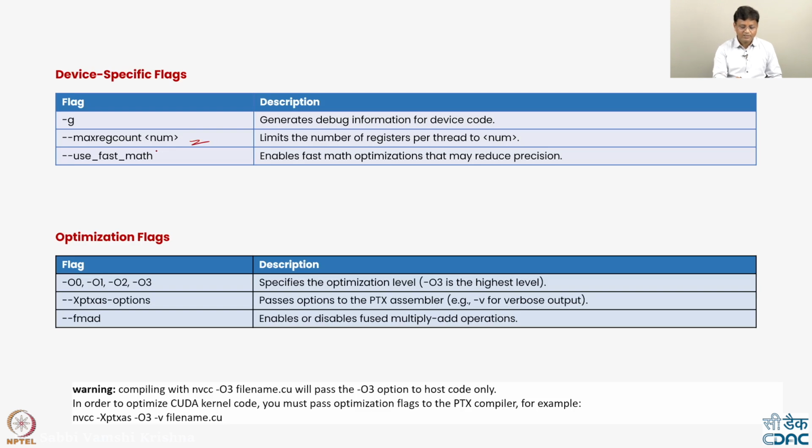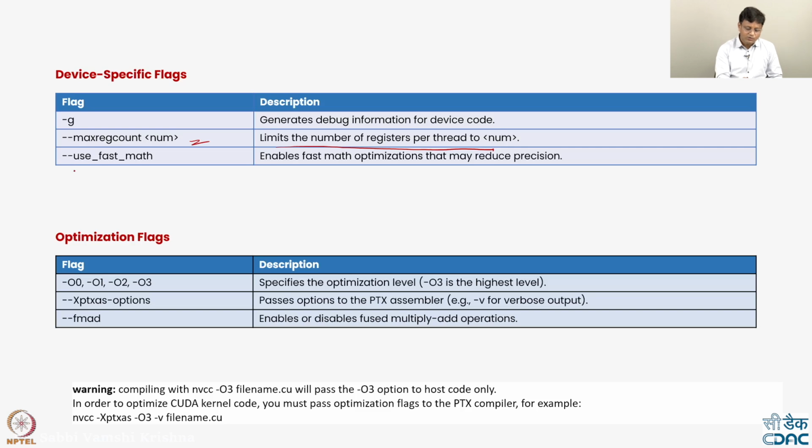When you pass this in your compilation, you are telling the compiler to limit the number of registers per thread to a specified number. So per thread only 4 or 8 registers, whatever number you specify, that number of registers will be allocated per thread.